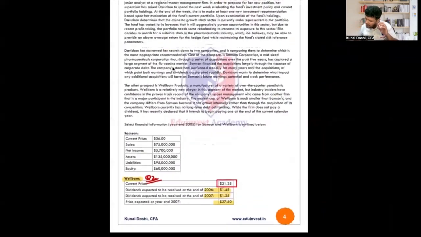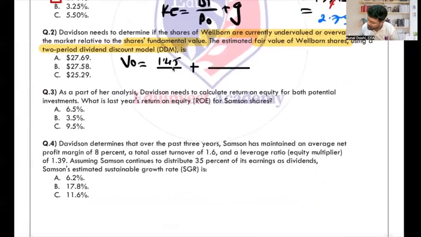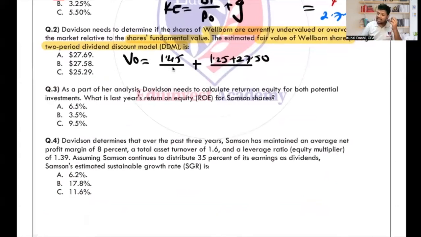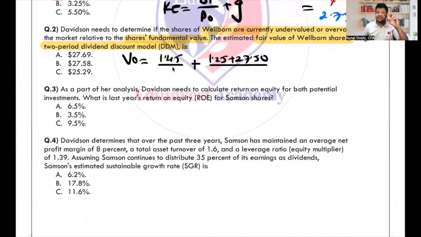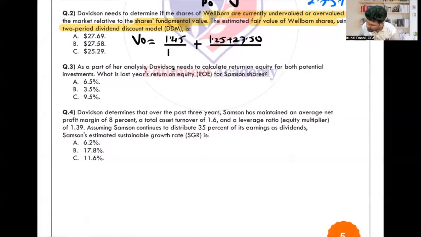You will use the dividend 1.25 plus 27.5. And then when it comes to the discounting rate, you can use 9.5. I am writing it manually here, 1.095, 1.095 square.